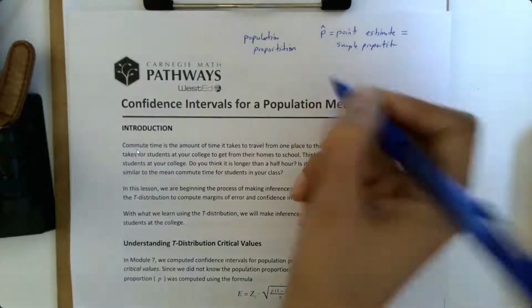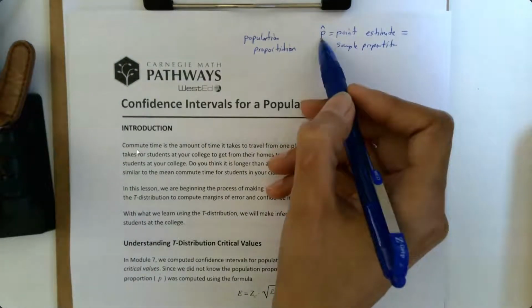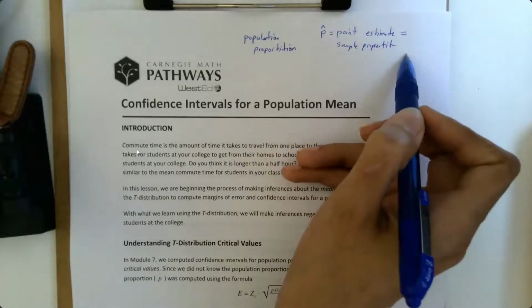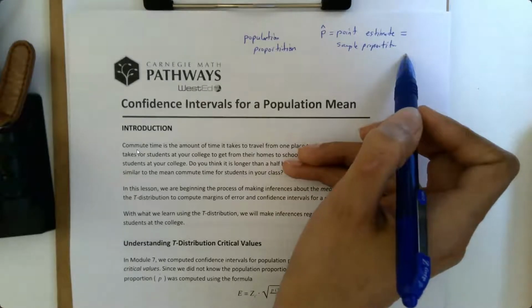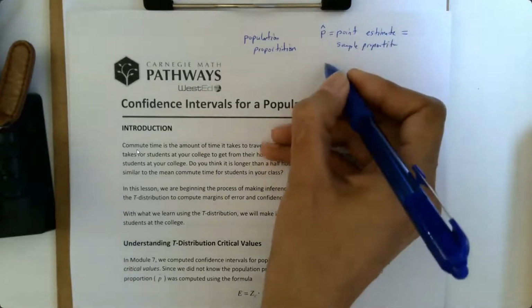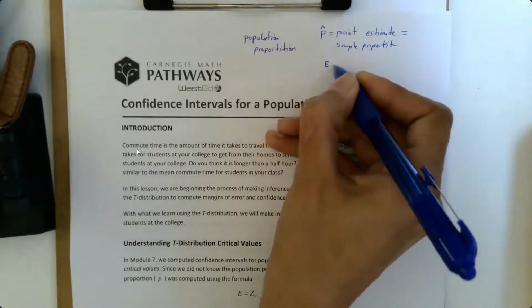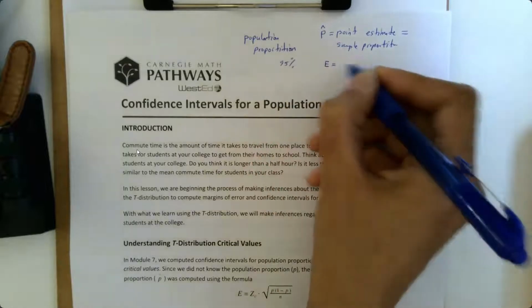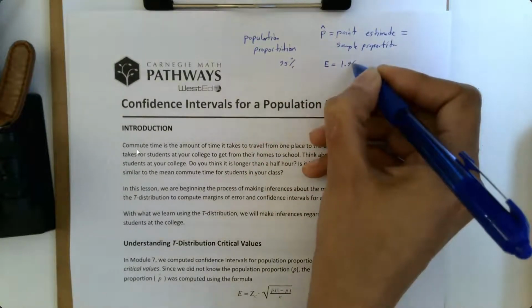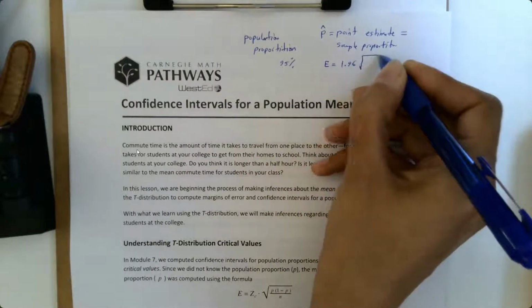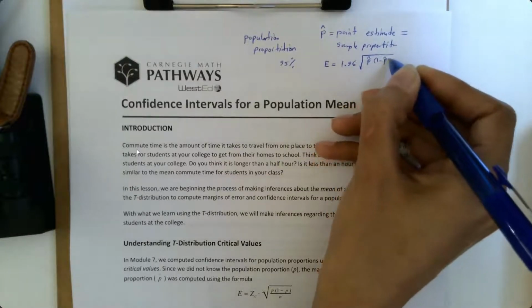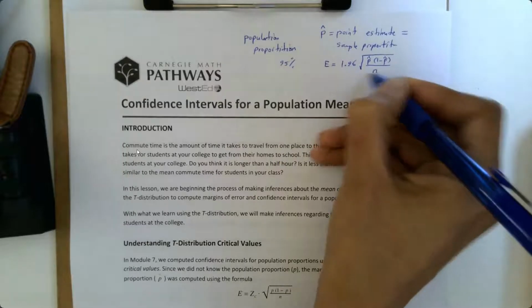Well, after finding our point estimate, the sample proportion, we were interested in finding the margin of error. So margin of error was equal to, when we are dealing with a 95% confidence interval, 1.96 times the standard error, which was the square root of p hat, 1 minus p hat, divided by n.